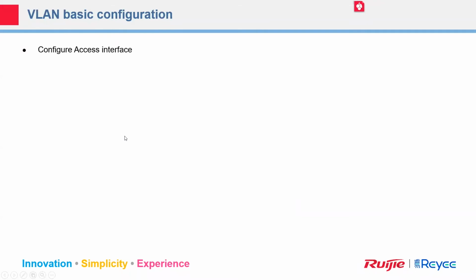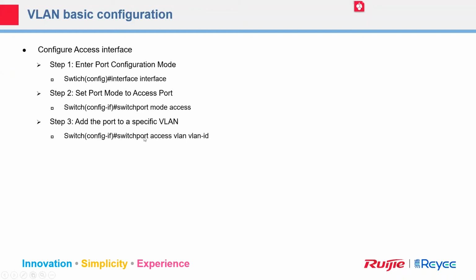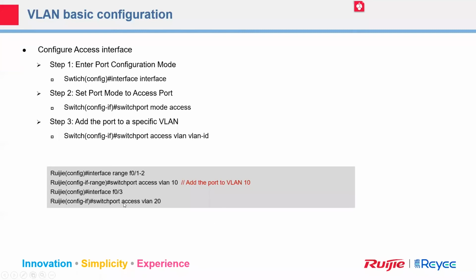Then we have to configure the access interface VLAN. We have to enter the interface and change the mode to access, and then add the specific VLAN. This VLAN we can also say is the native VLAN of the access. The command is switchport, VLAN, and the VLAN number. You can enter multiple interfaces to make all of them access, with VLAN 10.